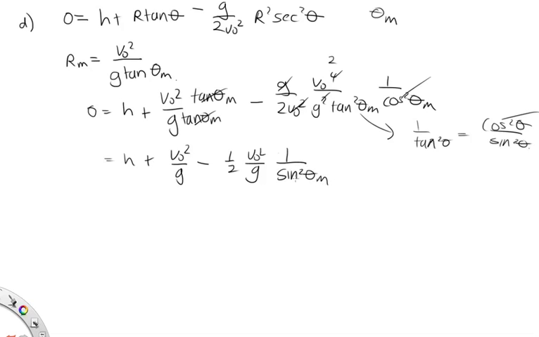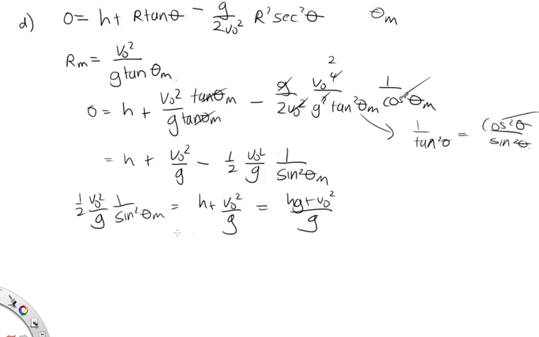Okay, now we need to rearrange it to get this by itself. So let's write a half v naught squared over g, 1 over sine squared theta m is equal to h plus v naught squared on g, which is equal to hg plus v naught squared on g, just in case that helps.